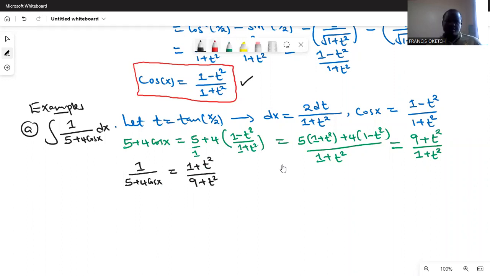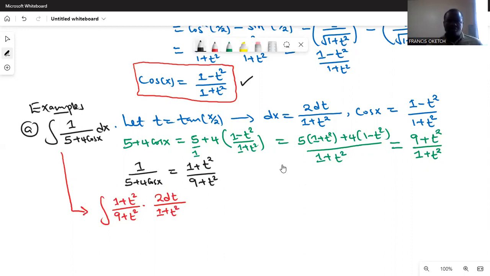So this integral will now be the integral of 1 plus t squared over 9 plus t squared, and dx is the same as 2 dt over 1 plus t squared.